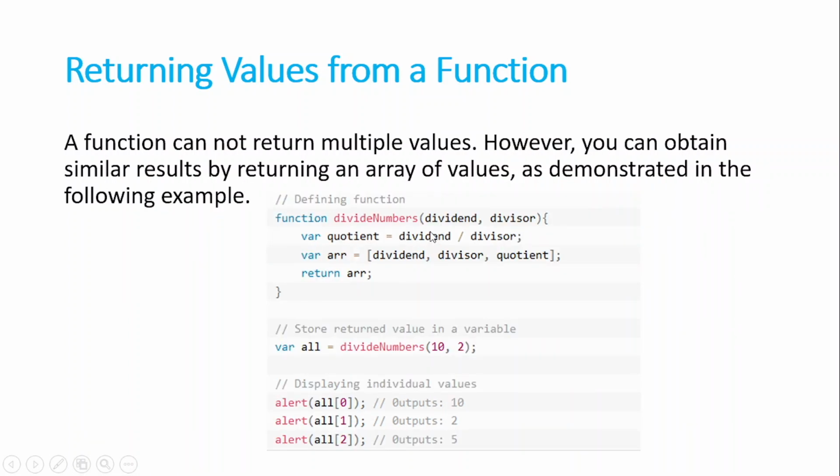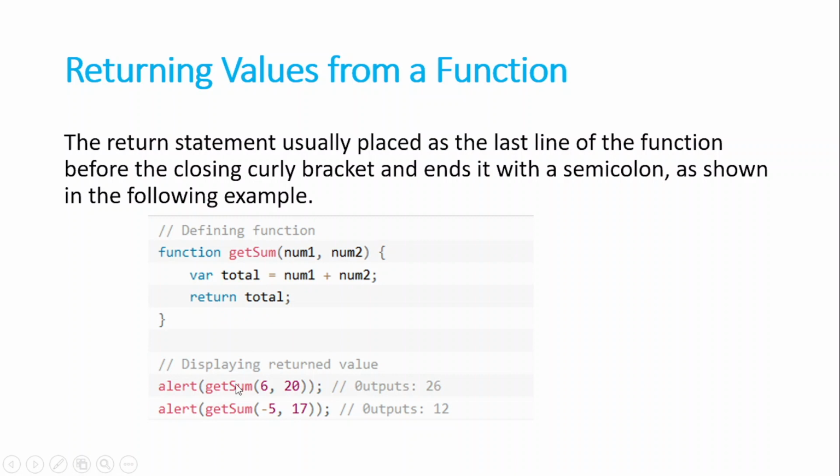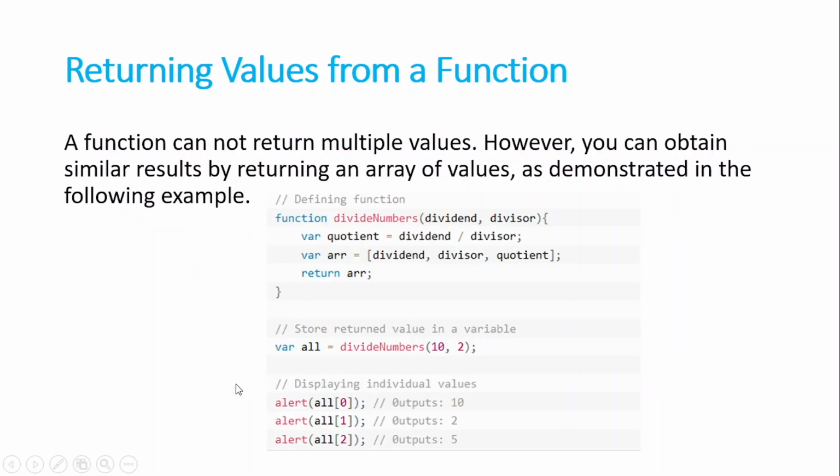So we can do it this way. You can see we have this divideNumbers, and we are getting the array stored in square brackets, and we are returning that array. Now you can see we are storing that array inside a variable. Earlier we were just logging it out in an alert. Now we are just storing the value returned by this function in a variable, this all variable.